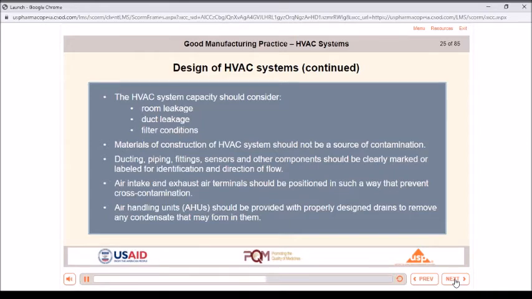Air intake and exhaust air terminals should be positioned in such a way as to prevent cross-contamination. Air handling units, AHUs, should be provided with properly designed drains to remove any condensate that may form in them.